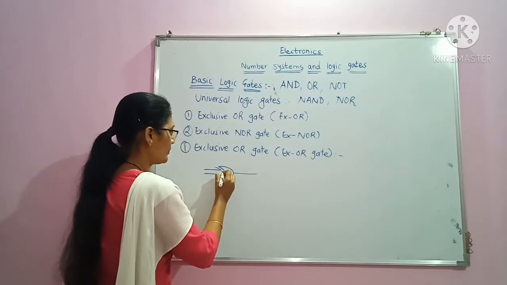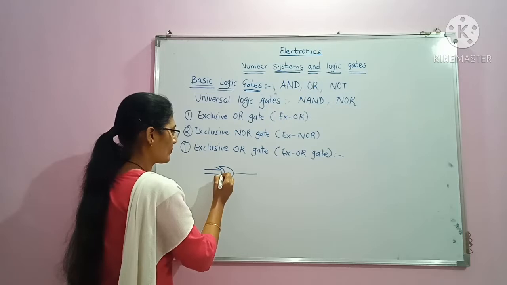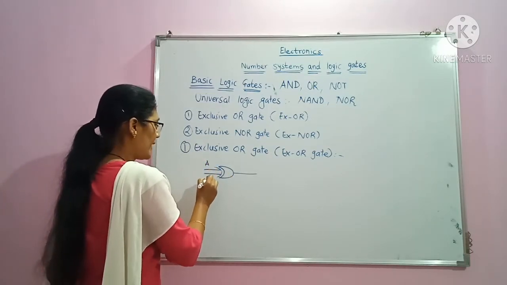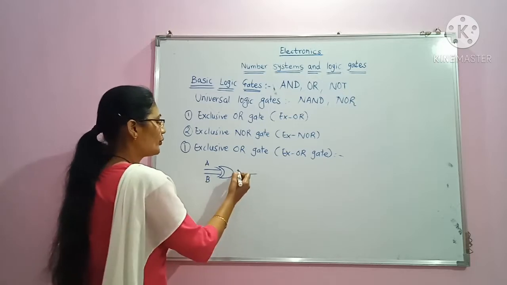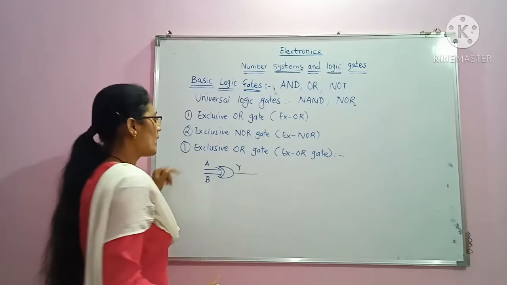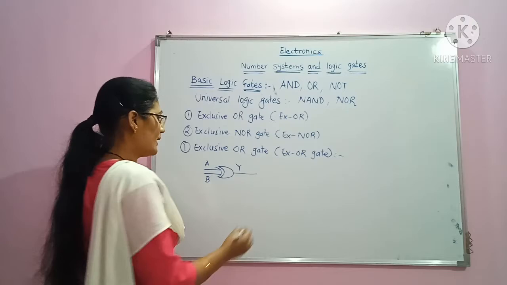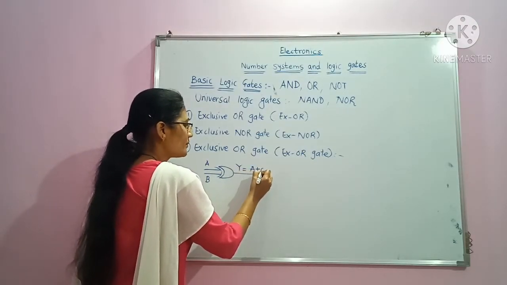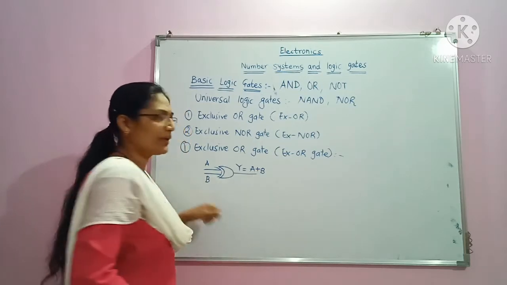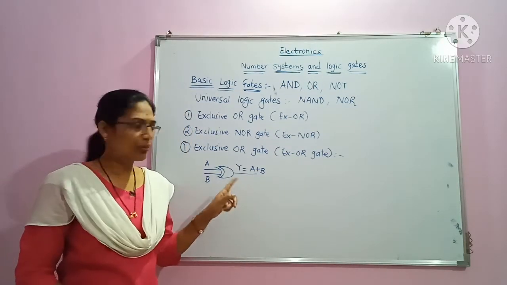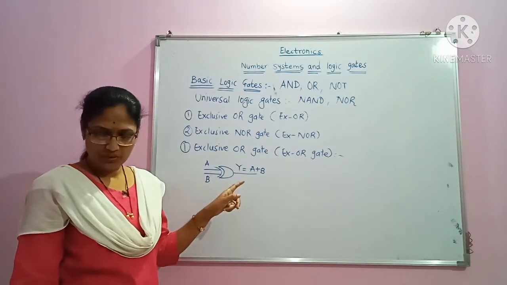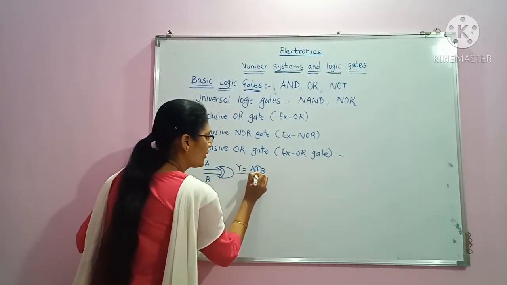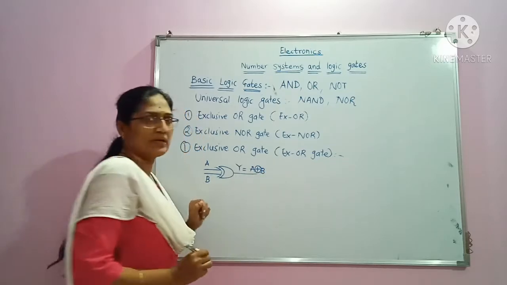And suppose there are two inputs A and B, then the output of exclusive OR gate is given by A plus B, but here in order to show its exclusive operation we are putting a circle around the plus sign.